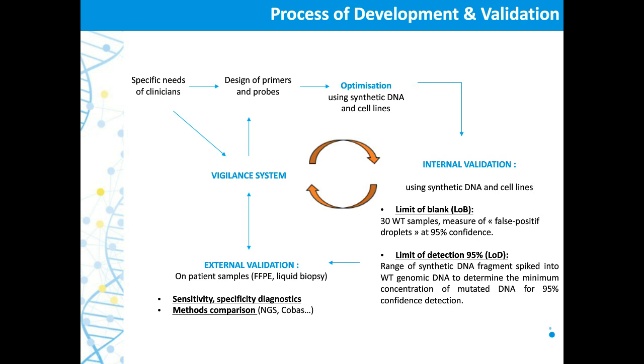Internal validations are the determination of the limit of blank at 95% confidence and the limit of detection. We also perform repeatability and reproducibility on the assay and on our positive controls. I have to mention that every assay that we develop comes with positive controls to make sure that you really amplify every target in your PCR reactions.